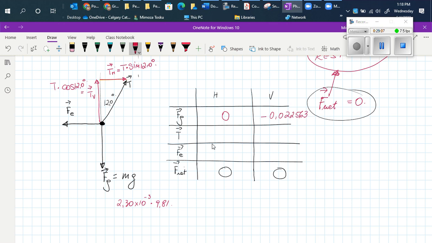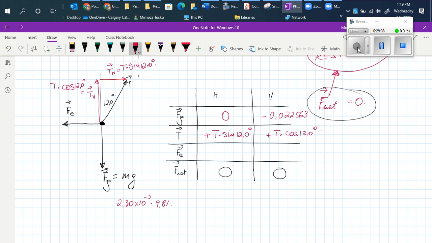This is what I mean by you will fake, quote unquote, finding the horizontal component and the vertical component of the tension. So now the horizontal component is positive, T times sine 12 degrees. And the vertical component is positive as well, because it is going toward north, T times cosine 12 degrees.